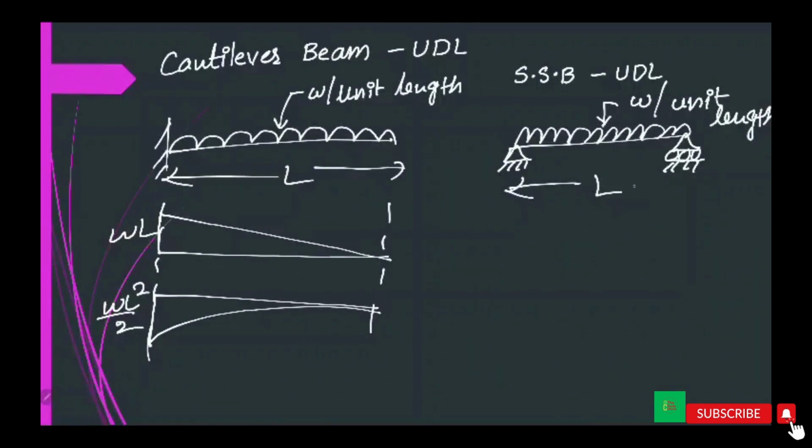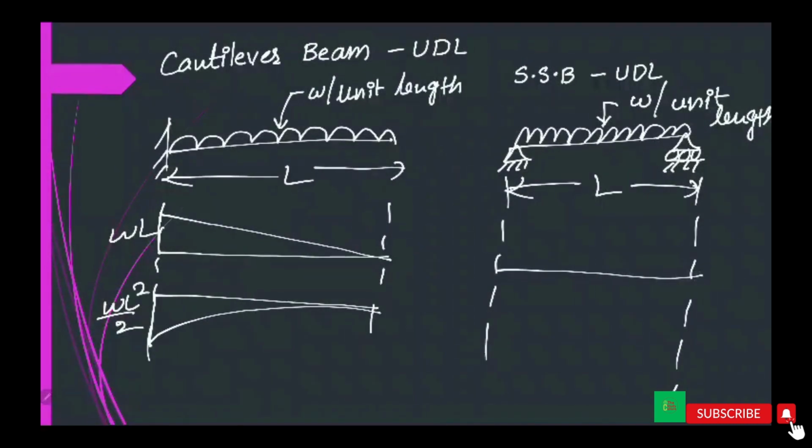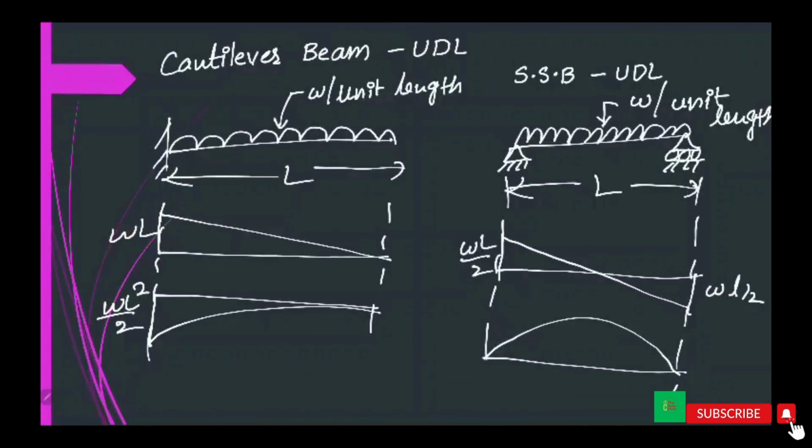This is L. Shear force diagram will be like this, WL by 2, WL by 2. And the bending moment diagram will be like this, WL square by 8.